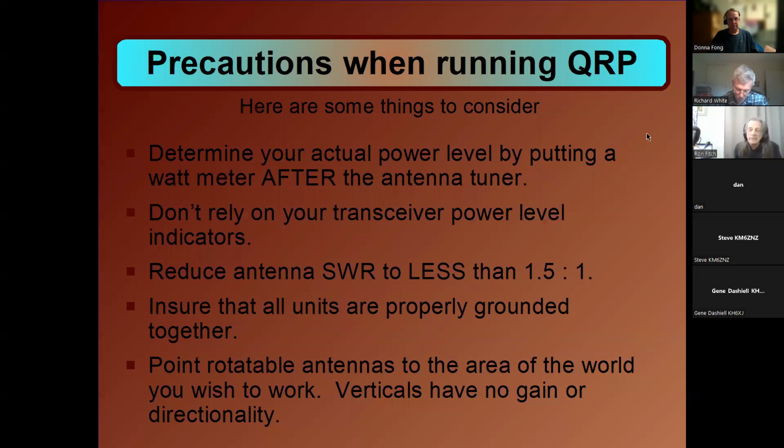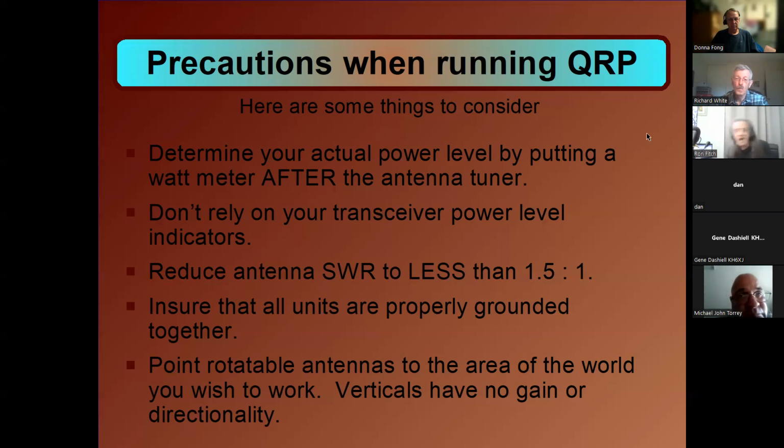When I ran CQP as a QRP station back in October, I went to the power level knob on the radio and I turned it down, and a little thing on the screen said I was running at 5 watts. So I just assumed I was running at 5 watts. When I put the IntelliTuner into the line, which has a watt meter on it, it turns out I was actually putting out 2.2 watts.